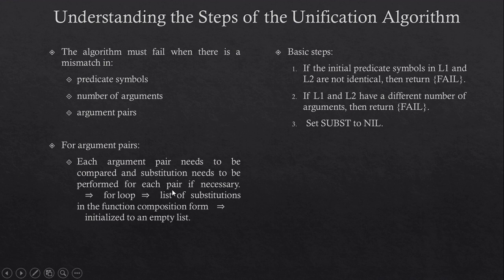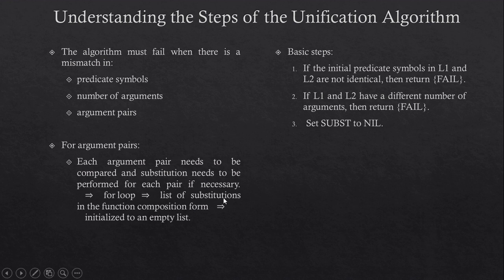This has to be done to each argument pair. That means we will have to use a for loop for as many argument pairs that there are. And at the end of the loop, possibly the list of substitutions should be ready. These lines of code need to build the list of substitutions.